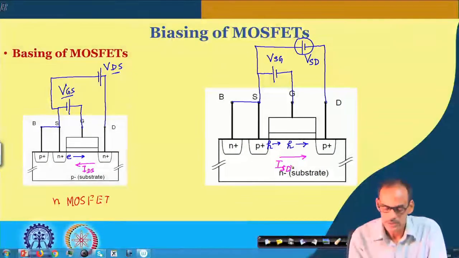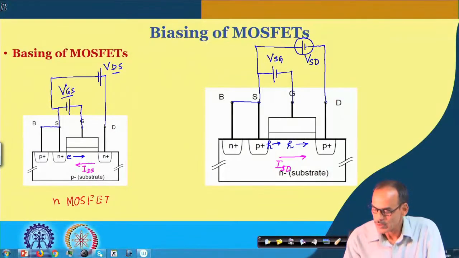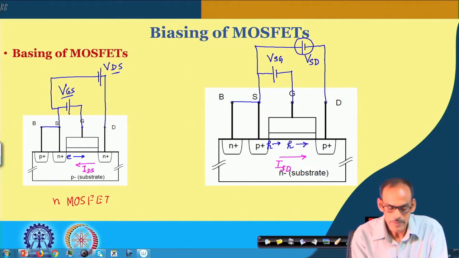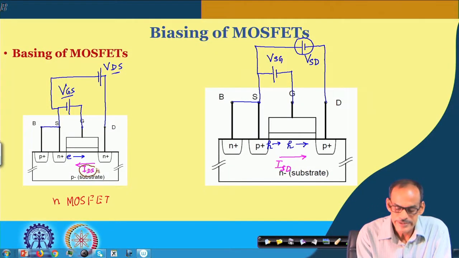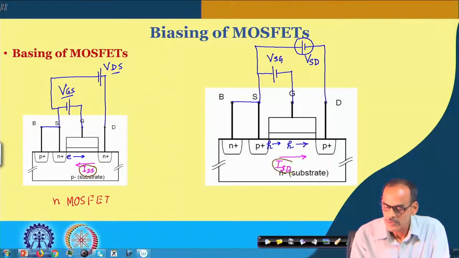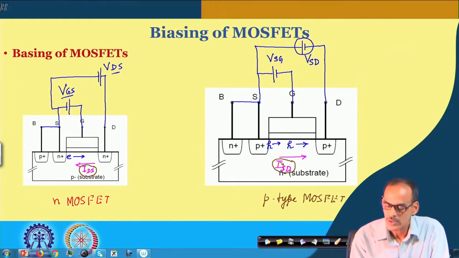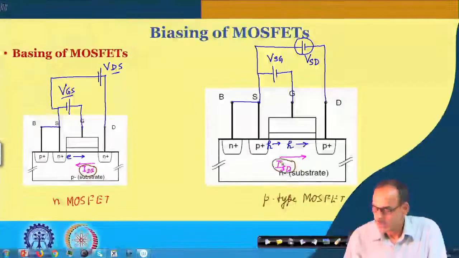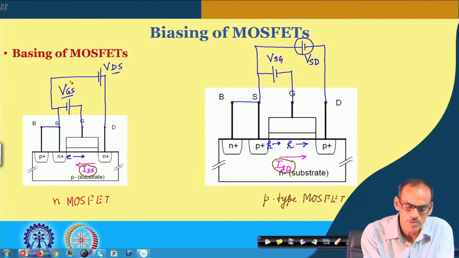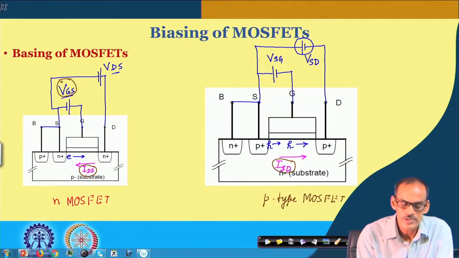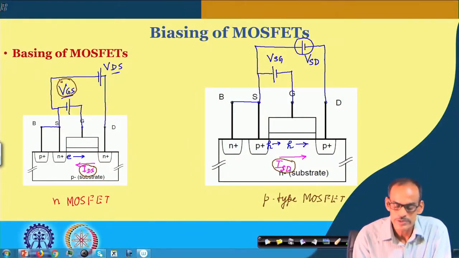So, you can see the basic difference here, particularly the polarity. Here we call IDS, whereas for the p type device, so p type MOSFET, we call this ISD. Likewise, based on the polarity of the voltage here, we call this VGS.